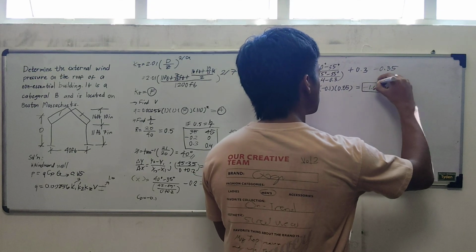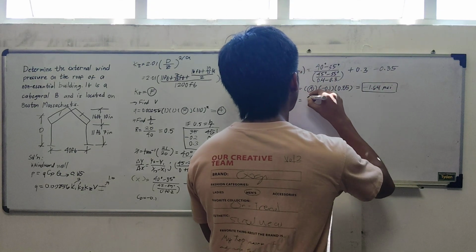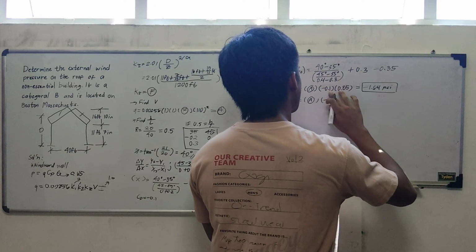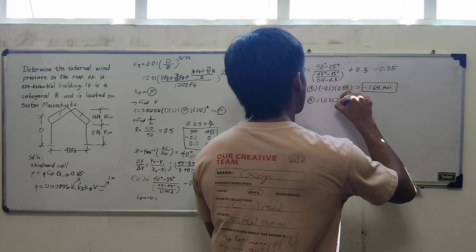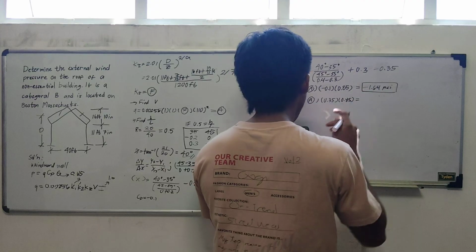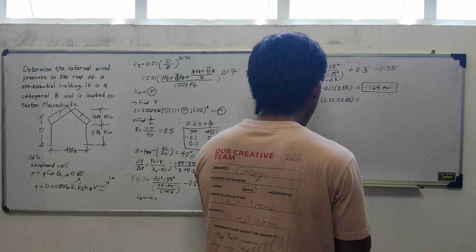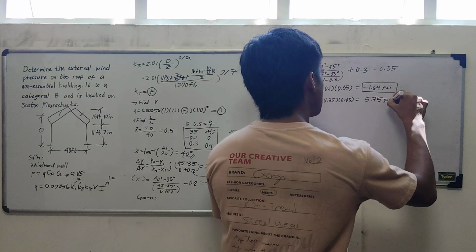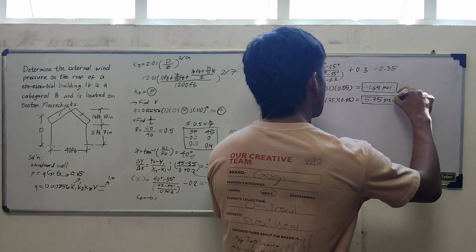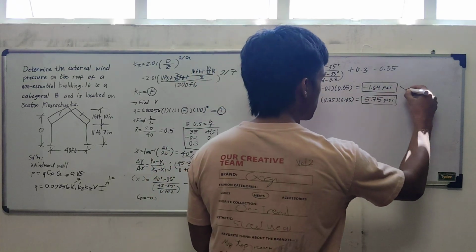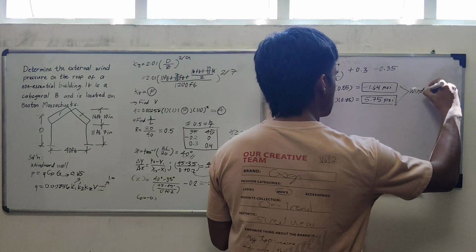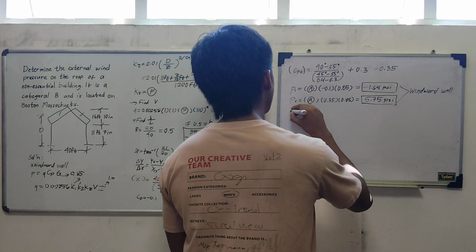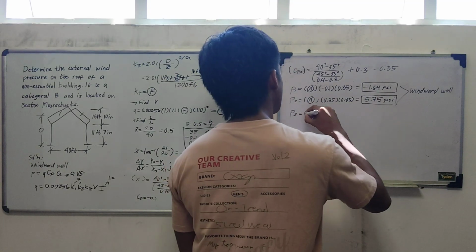For the first one, then we have P2. So we have 0.35 for this one. I do not remember these values. And lastly, this is for the windward. How about the leeward?